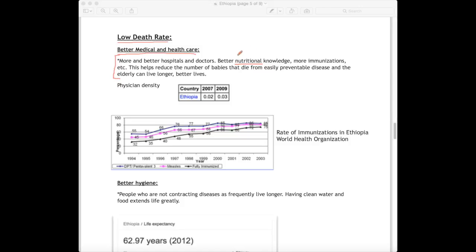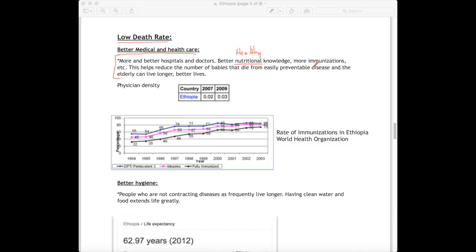But basically, what's healthy food that people need to eat to be healthy, right? The better food that you eat, the healthier food that you eat, you have a better immune system and you're able to fight off more diseases. So this is a huge benefit to populations if they can get information about how to eat healthy.